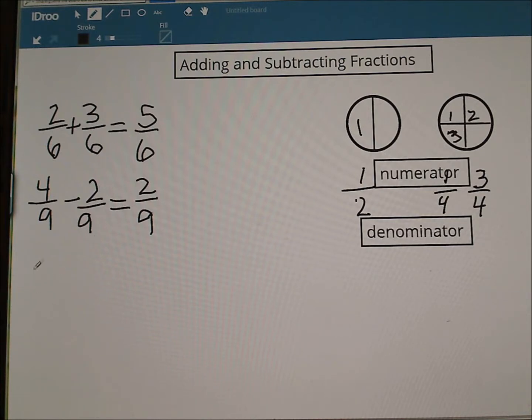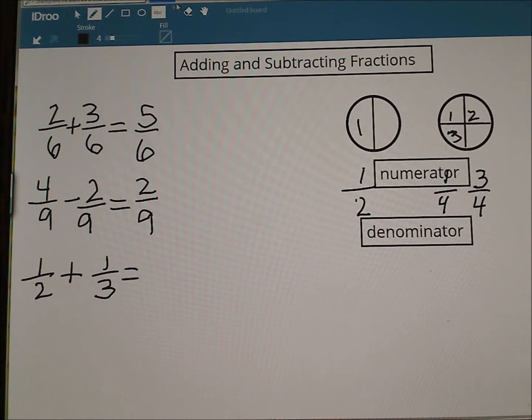Now, there will come times when your denominator is not the same. For example, if I'm adding 1/2 to 1/3, I can clearly see that this has a denominator of 2 and this has a denominator of 3. So the denominators are not the same.